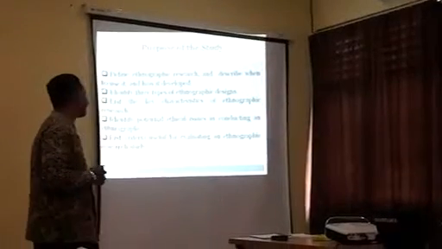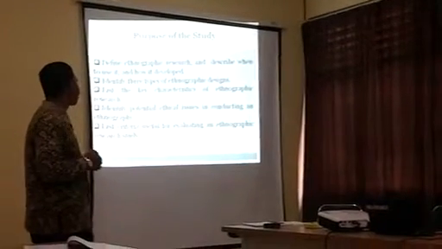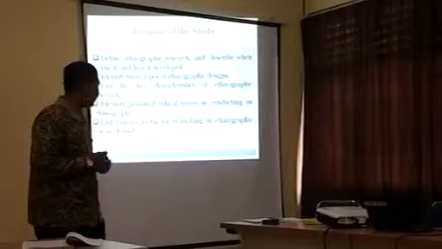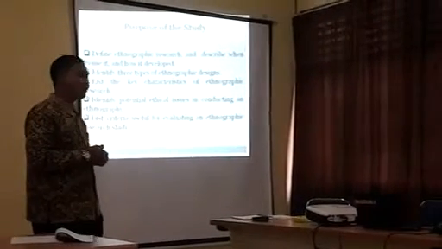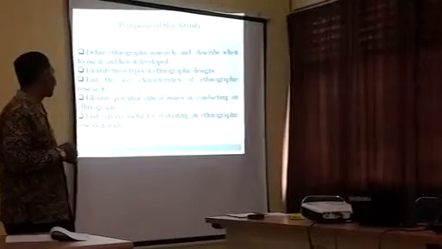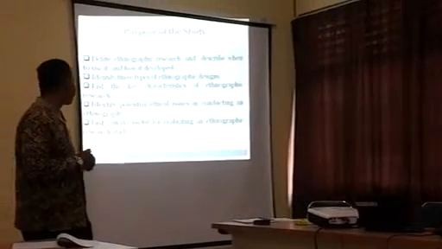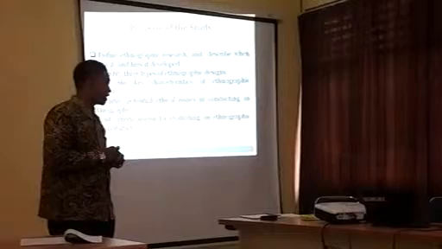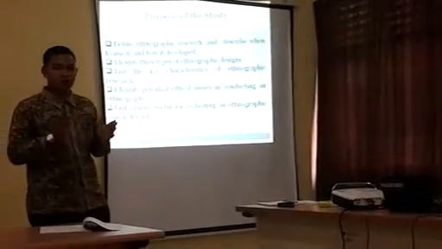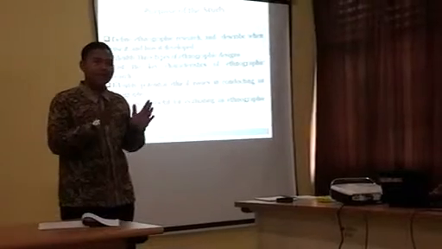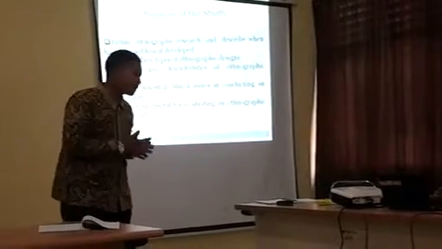The third one is to list the key characteristics of ethnographic design. The fourth is to identify potential ethical issues in conducting an ethnography. And the last is to list criteria of how to use ethnography design. Next.